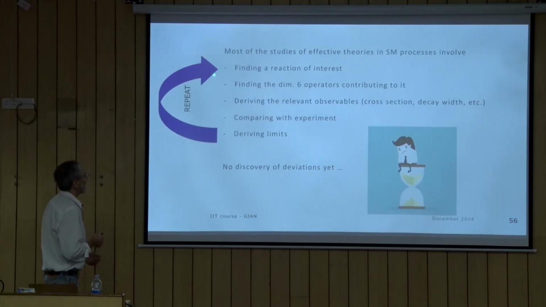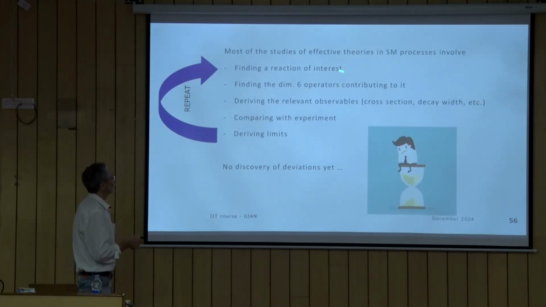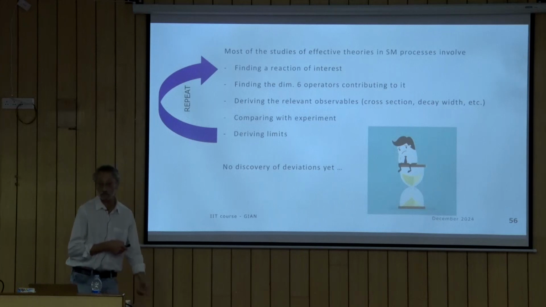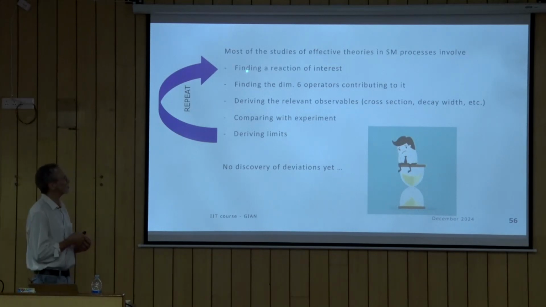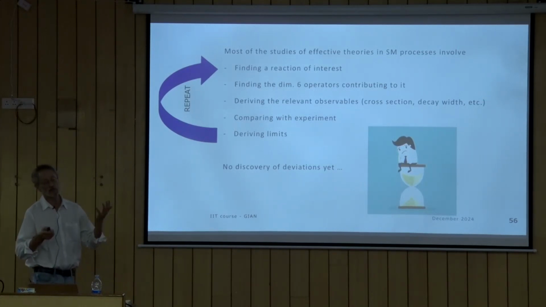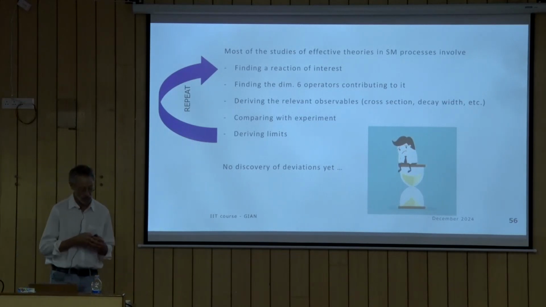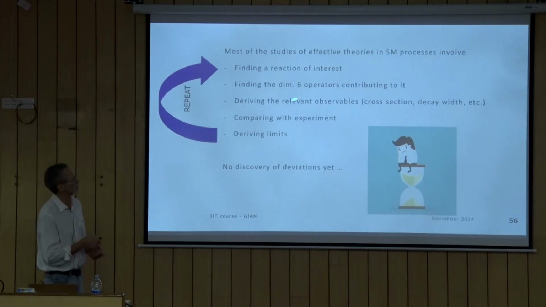And so either you or the collaboration or your advisor finds a reaction of interest to look at. And then the process is very straightforward. You find the dimension 6 operators. I'm just using dimension 6 operators because most of the processes you will look at are affected by them. You find those that contribute to the process of interest.